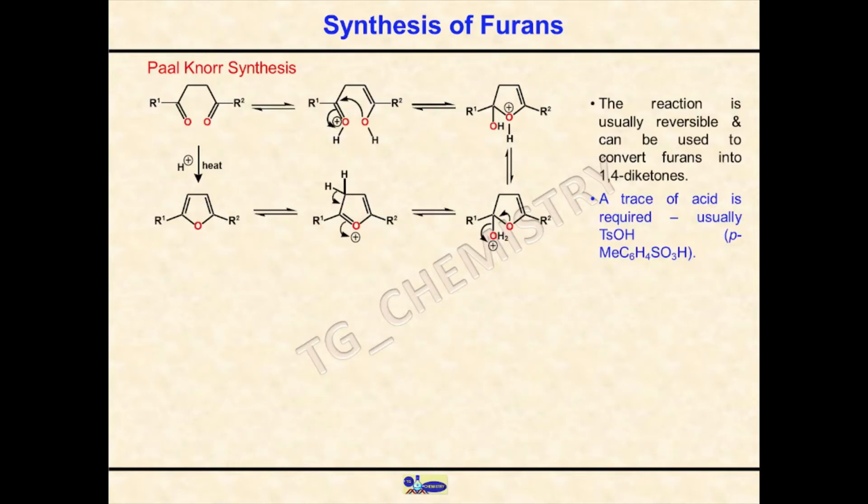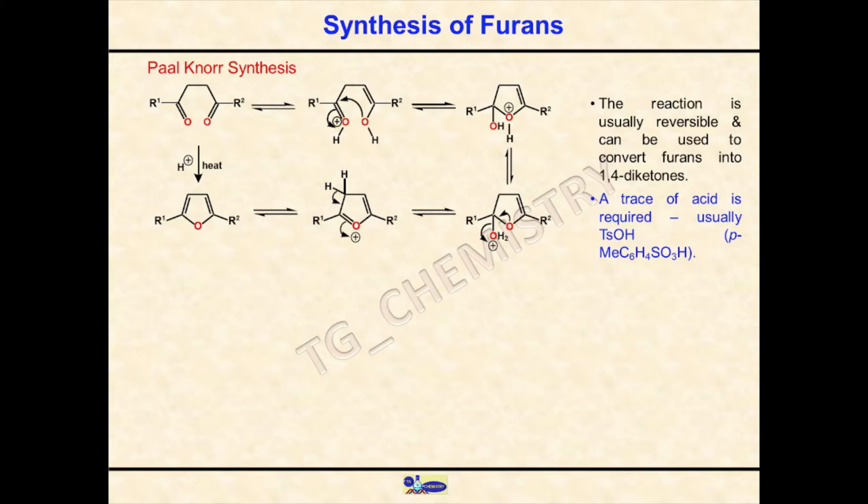First, I will talk about the synthesis of furan, and the best known process for the synthesis of furan is the Paal-Knorr synthesis. If you look at the schematic diagram, you see that 1,4-dicarbonyl systems under an acid catalyst upon heating can produce furan derivatives.